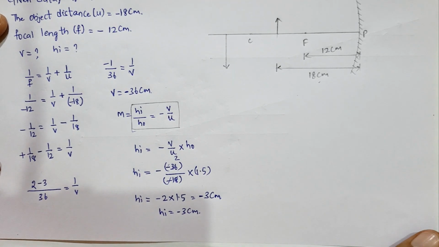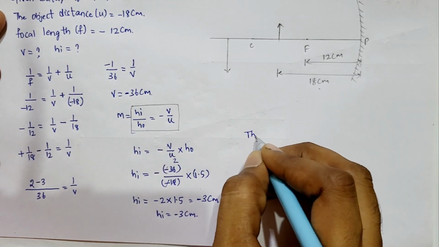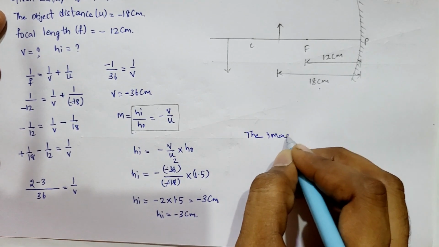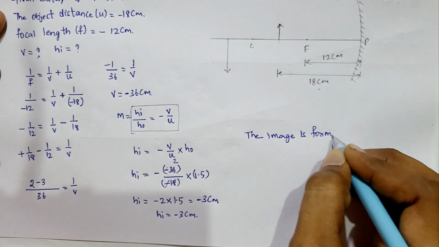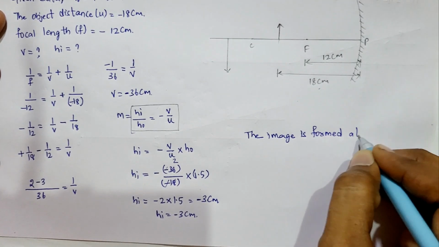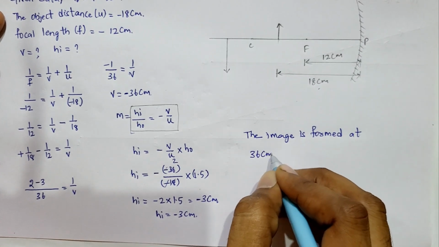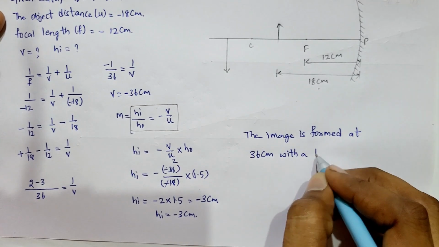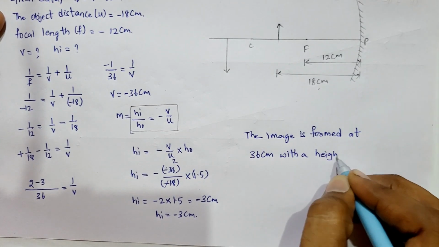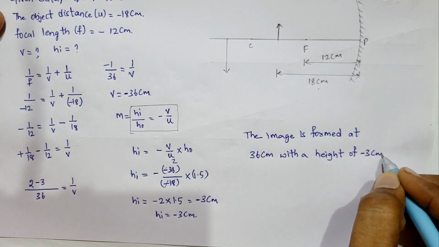So write the concluding statement as: the image is formed at 36 centimeters with a height of minus 3 centimeters.